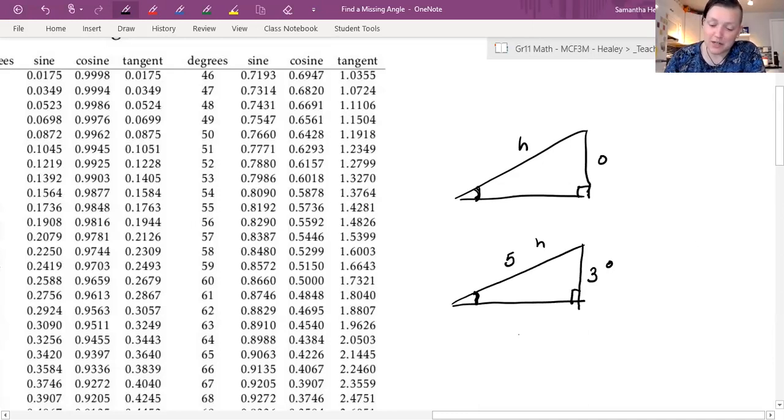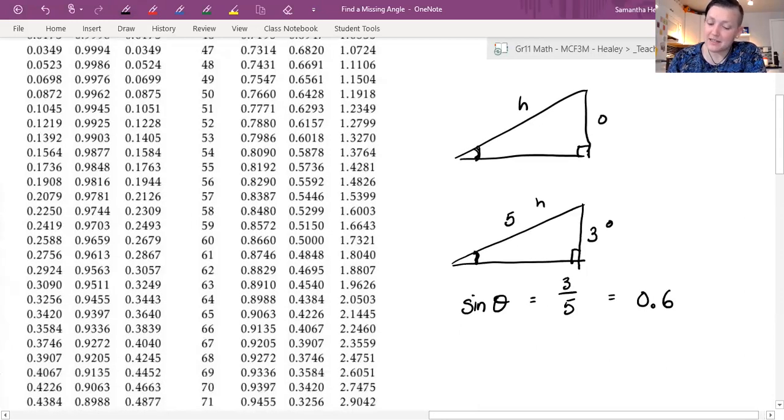We call the ratio between opposite and hypotenuse sine. So the sine of whatever this angle is equals 3 divided by 5, that ratio. When you do that, it comes out to 0.6. In this case, we don't know the angle, so we have the sine of an unknown angle, but we do know the ratio is 0.6.